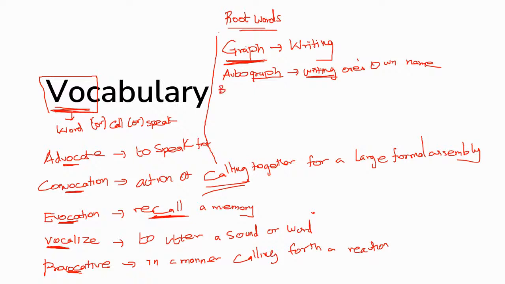And the next word with graph, biography. So what is biography? A book written about a person's life is called biography.